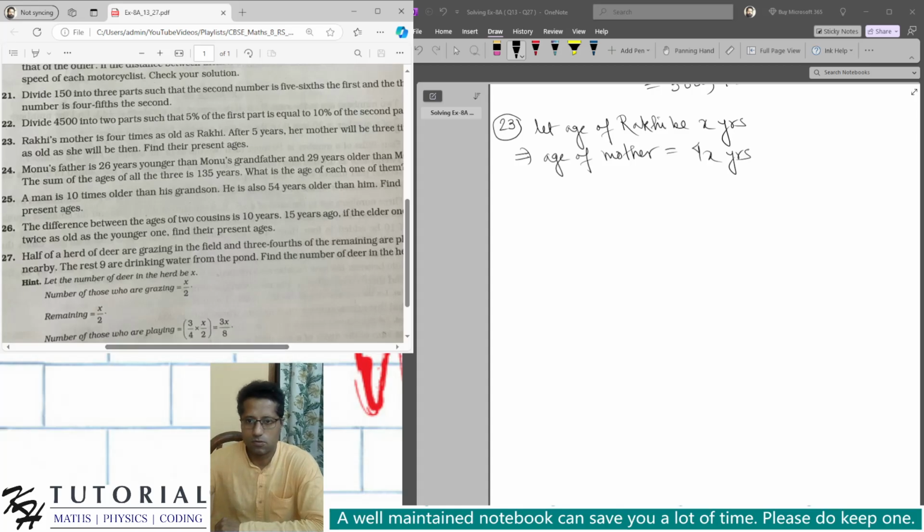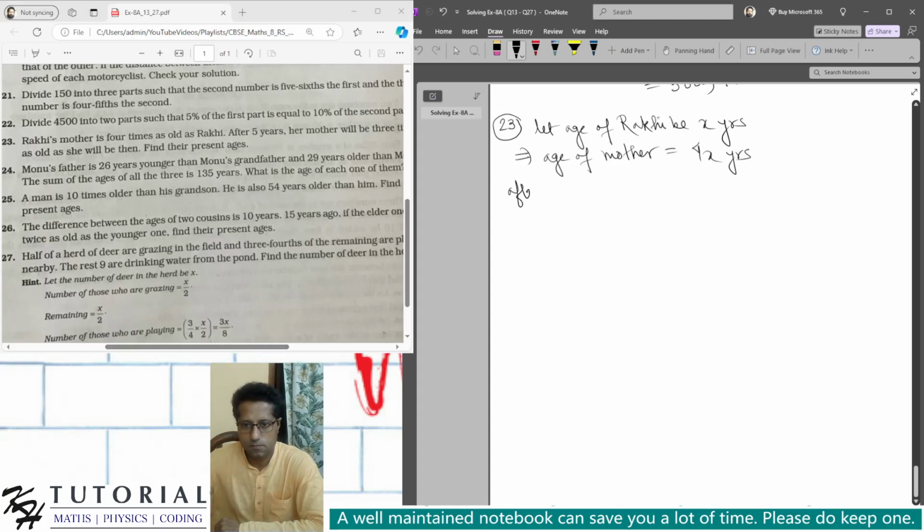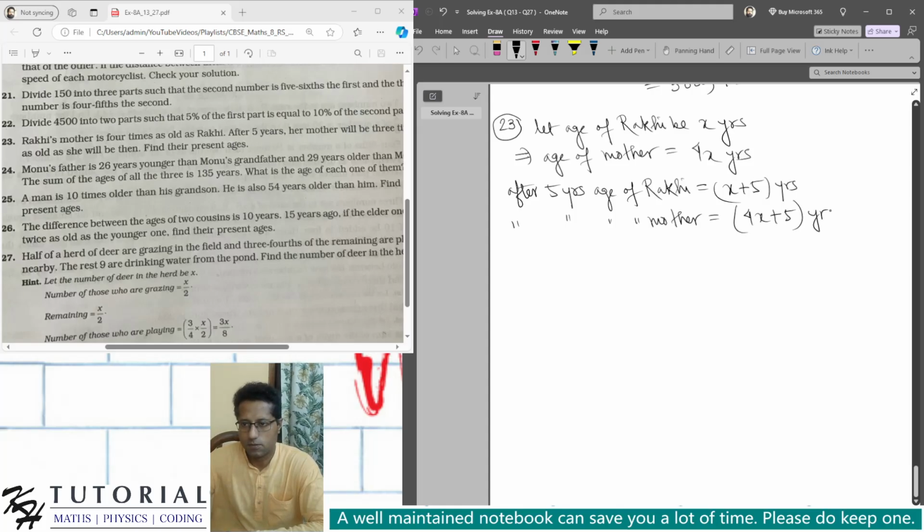Okay, so after 5 years, the age of Rakhi is equal to x plus 5 years. And after 5 years, the age of mother is equal to 4x plus 5 years.